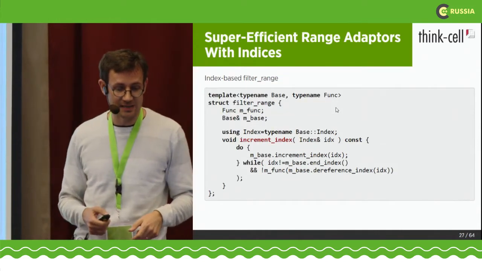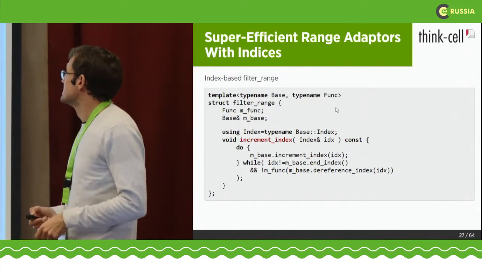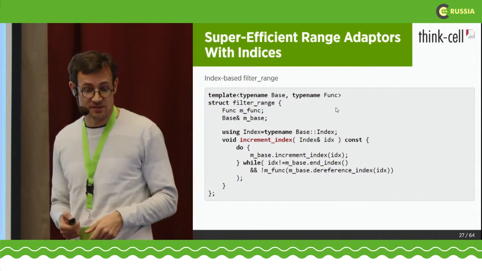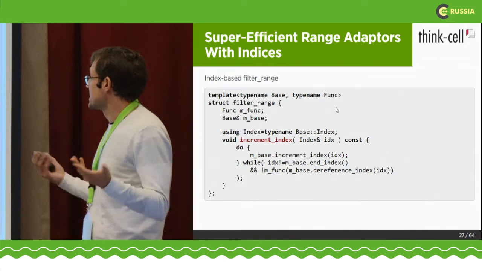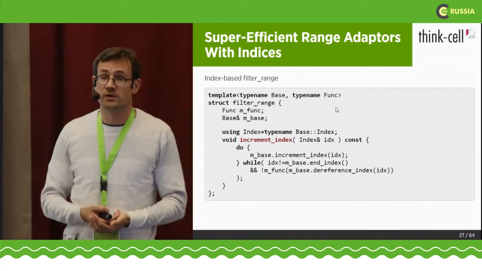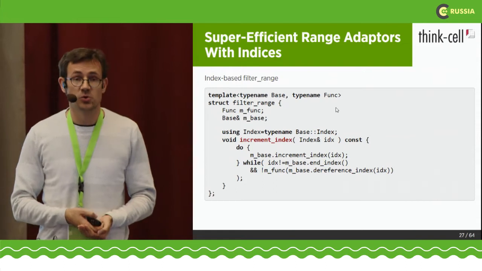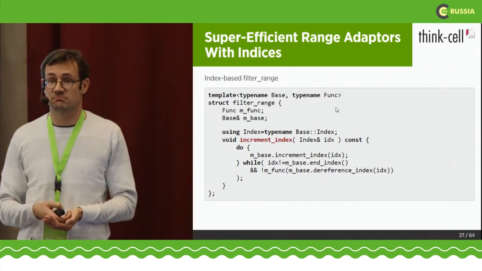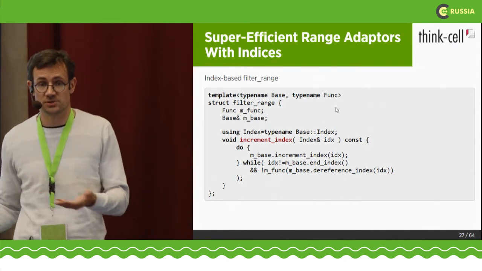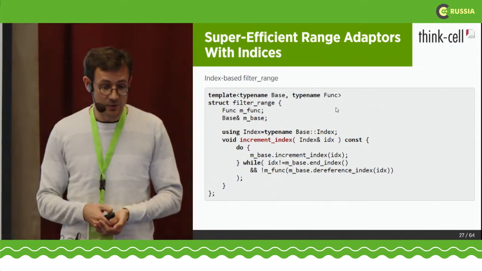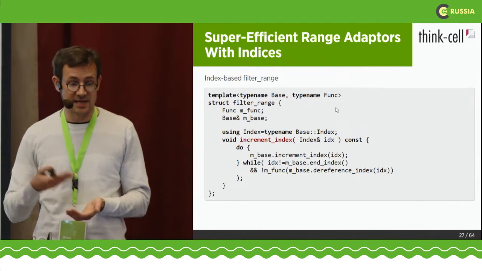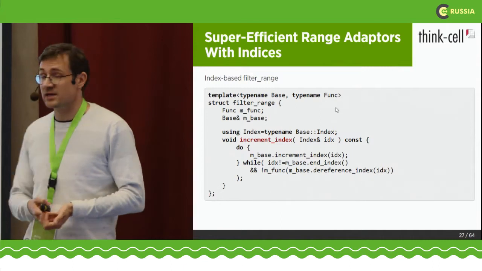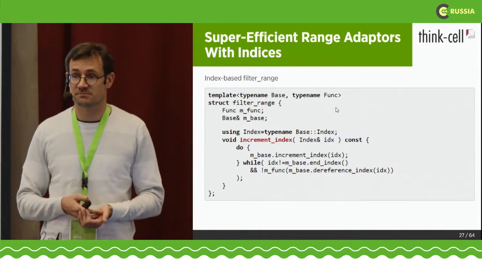Well, they do help greatly. You can do something like this. If you have an index-based filter range, inside your filter range you again store your functor, and you store not the end iterator, but a reference to the base range, the range that you filtered. Now your increment index, which takes an index and increments it, can be implemented in terms of the increment index of the base range.